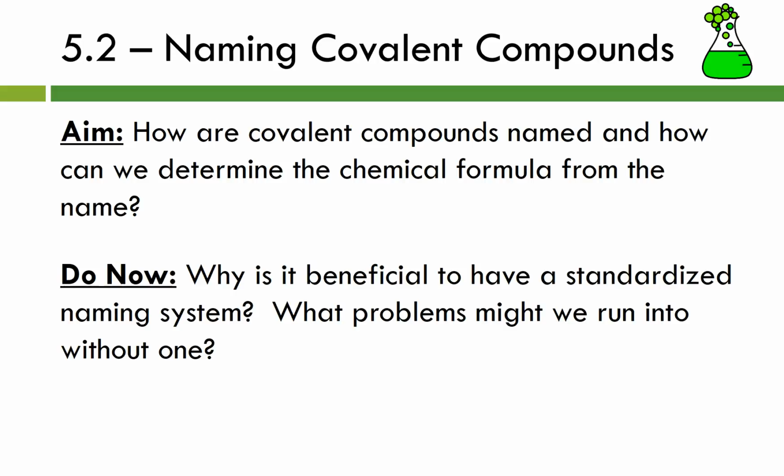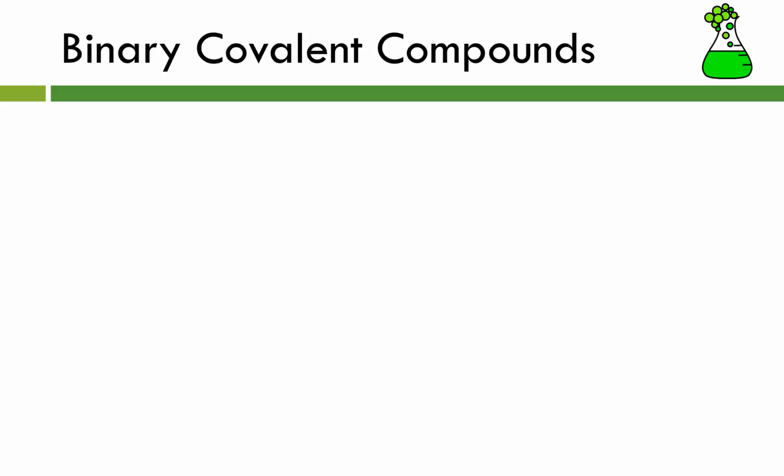The names of covalent molecules, especially the small molecules that we're going to discuss, follow very specific naming rules. All right, so let's get into today's lesson. We're going to look at binary covalent compounds. Binary covalent compounds are covalent compounds that are made up of just two elements. Of course, there are covalently bonded molecules out there that contain more than two elements.